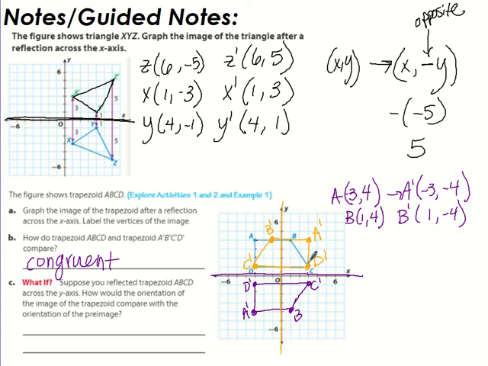So how would the orientation of the image, that's the orange one I just drew, compare with the orientation of the pre-image, that's the blue one that we drew? How is their orientation changed? Well, they're flipped right to left instead of up and down, right? It's a right-left flip, or a horizontal flip.